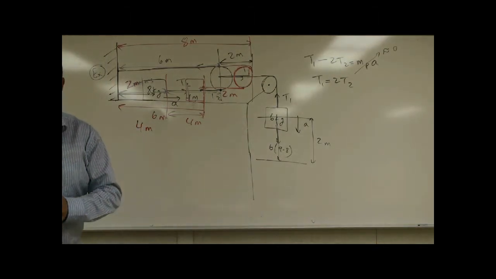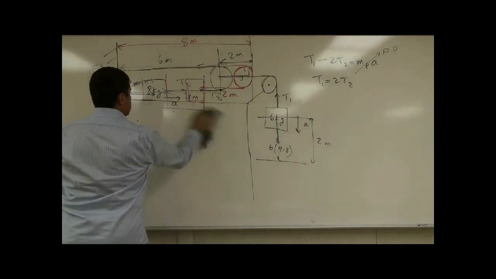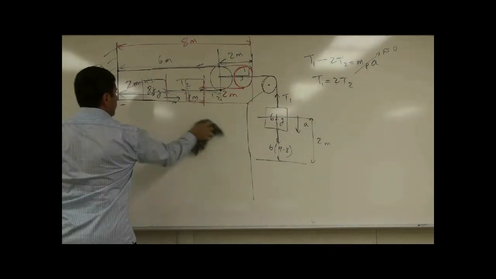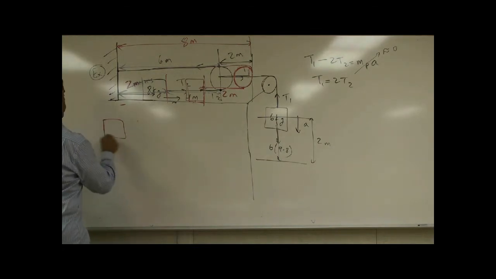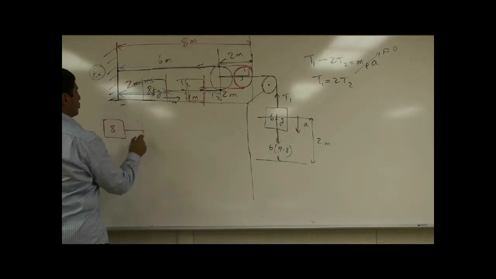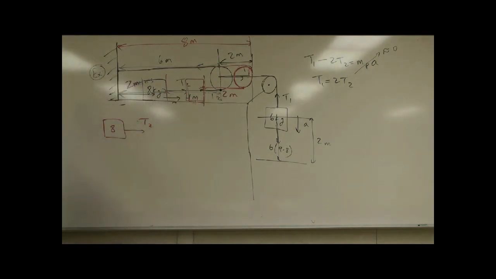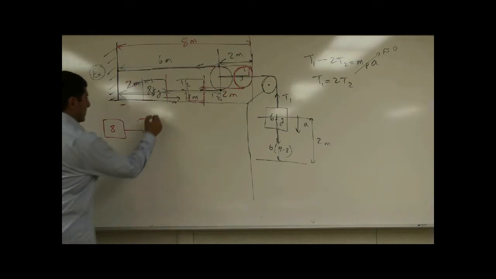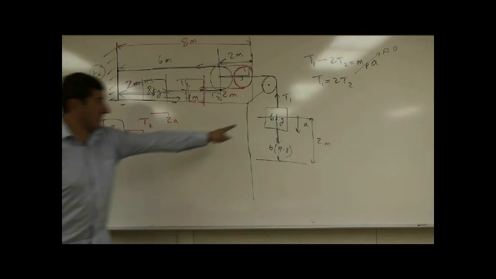If it moves twice the distance, it has twice the acceleration. So therefore, what happens, we can say the 8 kilogram has the tension T2 acting on it this way, right? And then it's accelerating at 2A, twice the acceleration of that one.